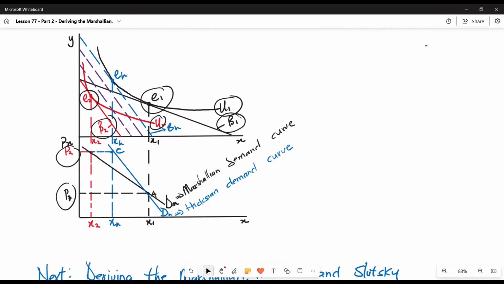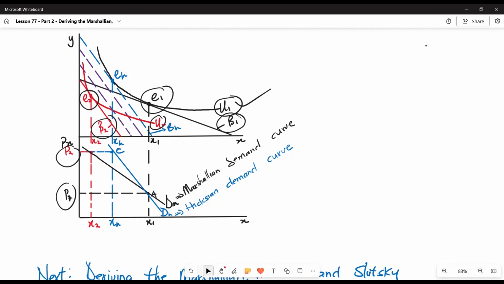To find the Hicksian demand curve, we have to give the consumer enough income so that they can reach their original level of utility, represented on indifference curve U1, despite the change in price. This is what we called the substitution effect in our previous lessons.